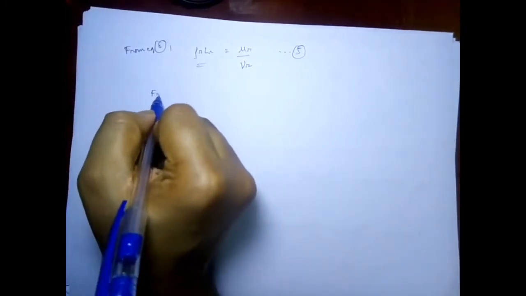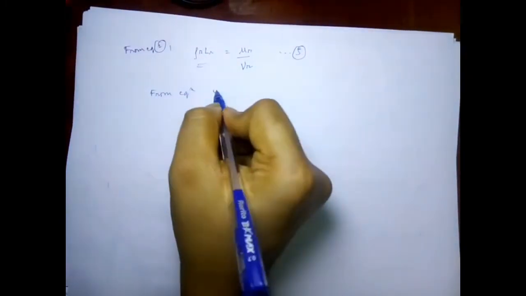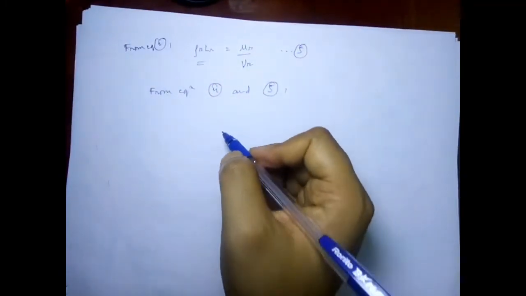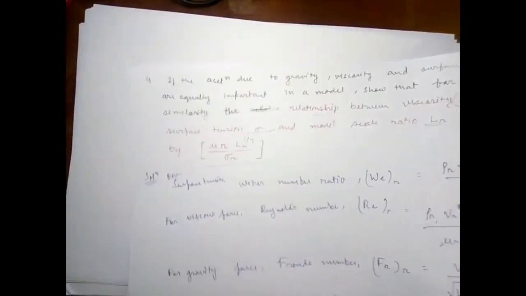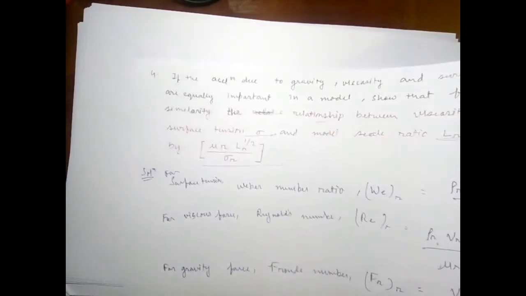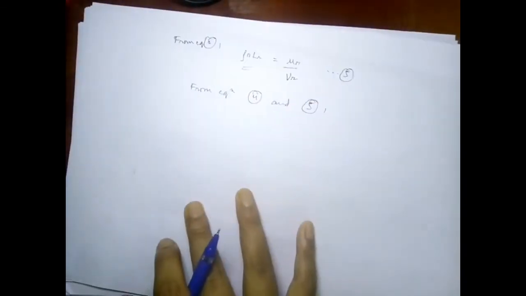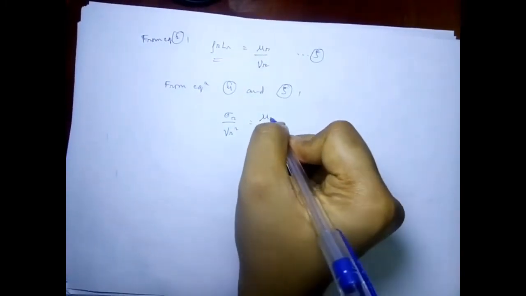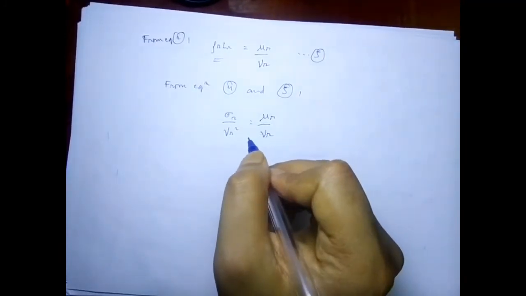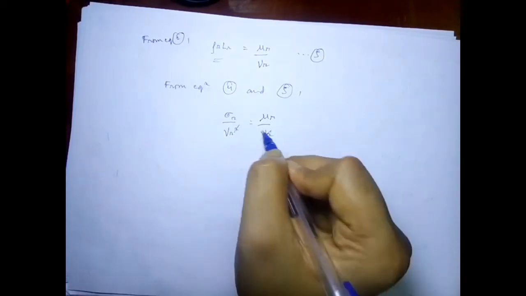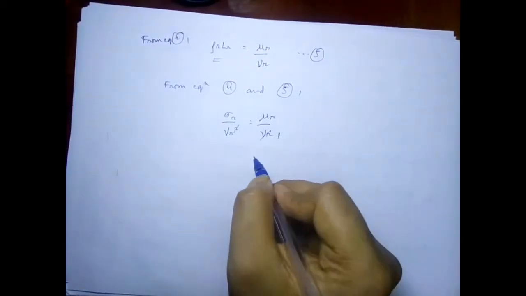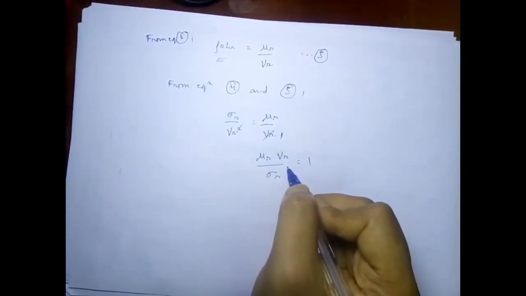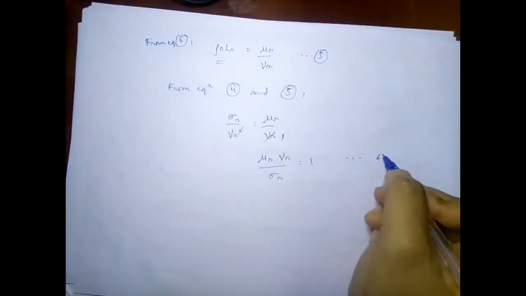So from equation 4 and 5, sigma r upon Vr square is equal to mu r upon Vr, or, cancelling one Vr, mu r Vr upon sigma r is equal to 1. Let's write this as equation number 6.